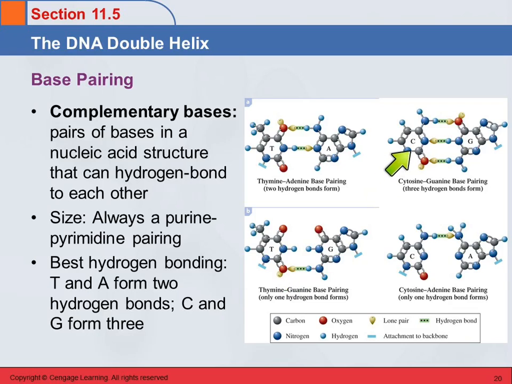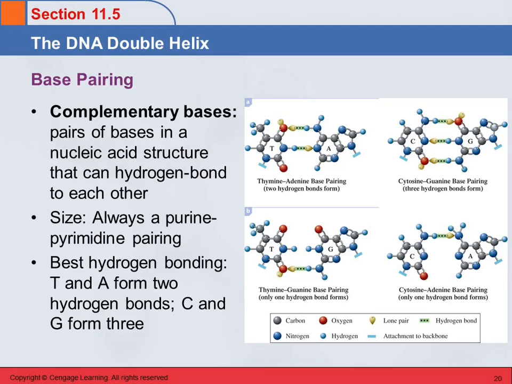And over here, the cytosine and guanine, when those pair up, they can form three hydrogen bonds. Whereas if cytosine pairs with adenine, it's only one hydrogen bond. So we get much better hydrogen bonding when we have C and G paired and A and T paired. And that's always, always how it is. And we need to remember that.